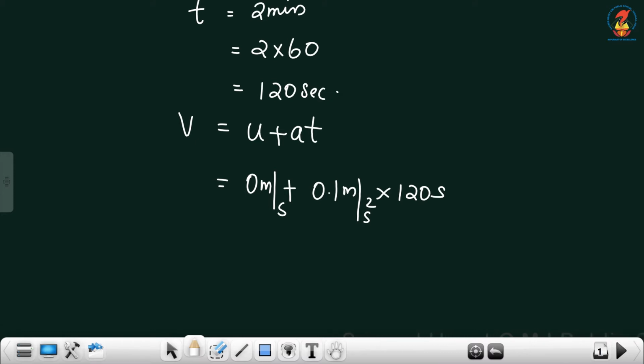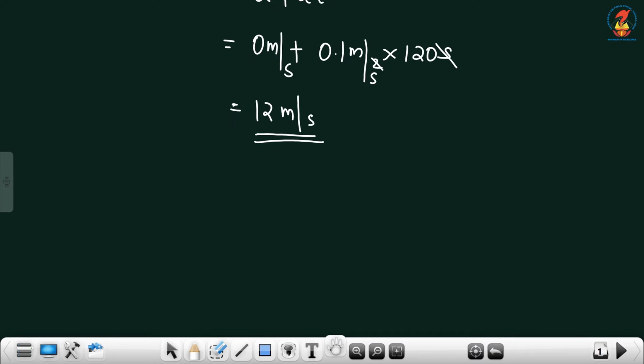So 1 second square and 1 second will get cancelled. Now 0.1 into 120, that is 12 meter per second. That is the final velocity.